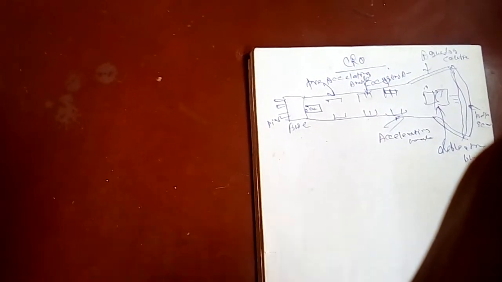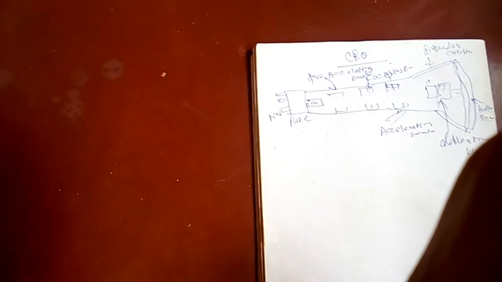So in the CRO, the main component is the electron gun. What is the significance of the electron gun? Just as a bullet is emitted from a gun, electrons are emitted from the cathode, so it is called an electron gun. It consists of the control grid, focusing anode, and accelerating anode.